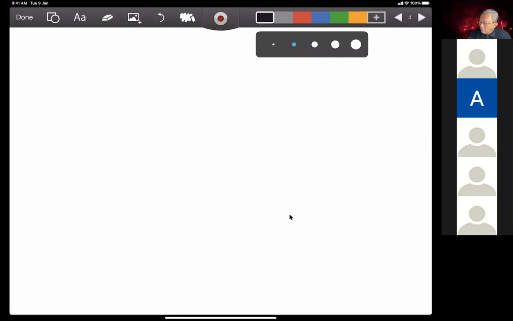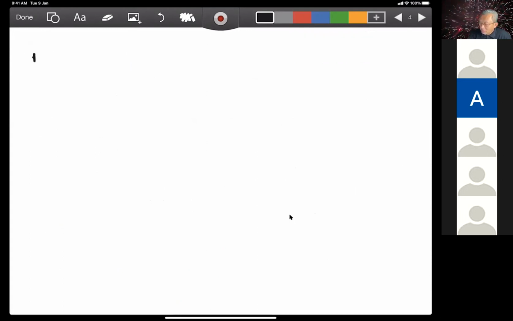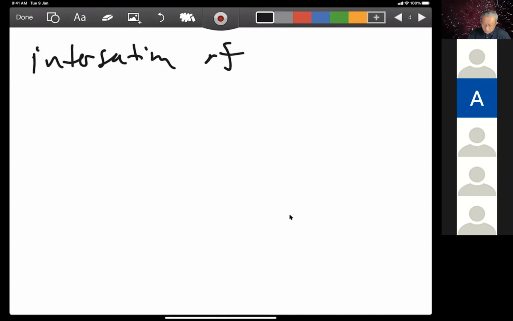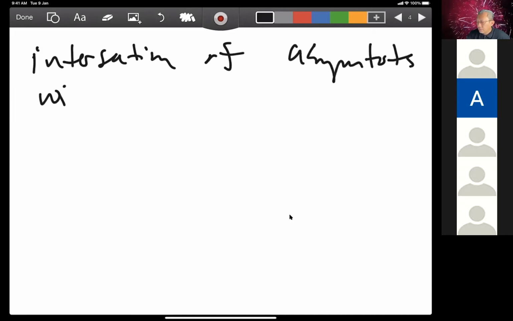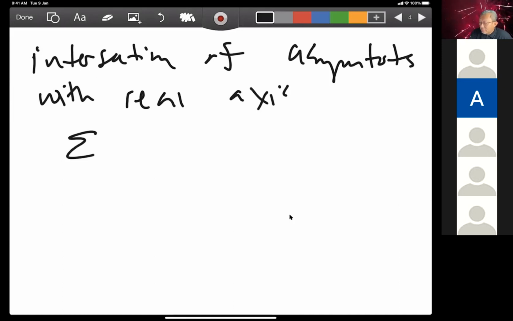Then the formula you said just now, intersection of asymptotes with the real axis. What was it you said earlier? Summation of poles minus summation of zeros over number of poles minus number of zeros.